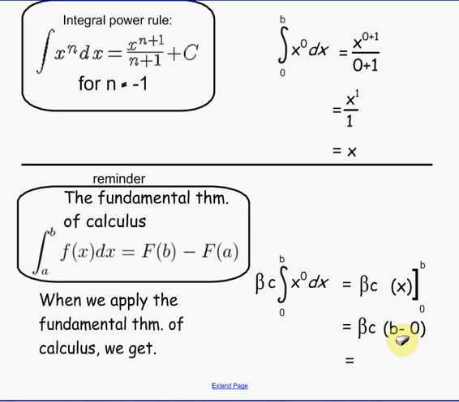That's just substituting in 0 for x and then b for x, and subtracting like we did right here, okay? And that leaves us with our constant of proportionality times our concentration times b, because b minus 0 is b.